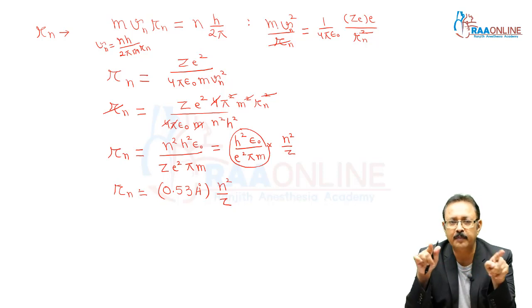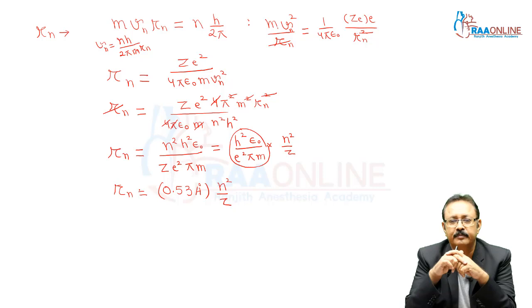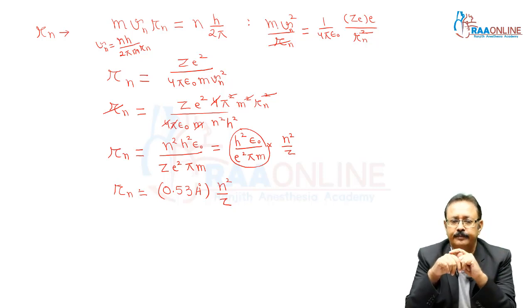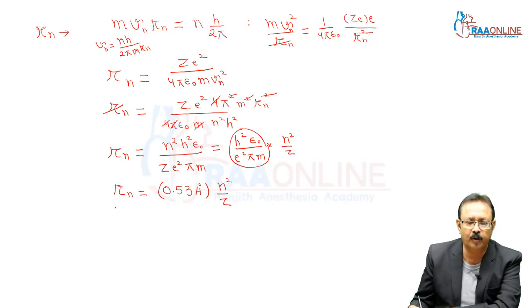No element has 0 atomic number, and it is for hydrogen. If you want to calculate for hydrogen, it is the special first element, and we are choosing the first orbit, means we are taking Z as 1 and n as 1. We are talking about hydrogen and we want to calculate the radius of the first orbit.